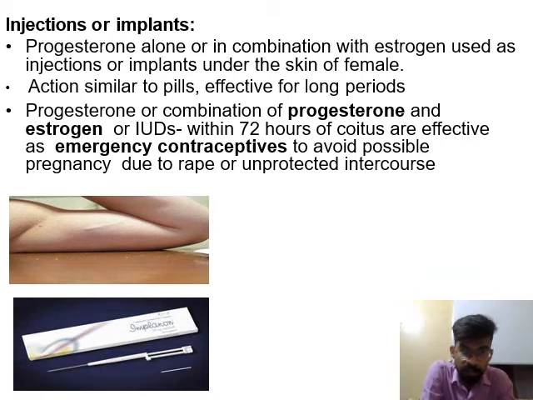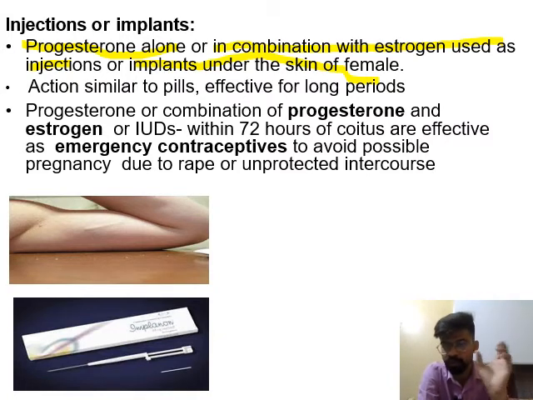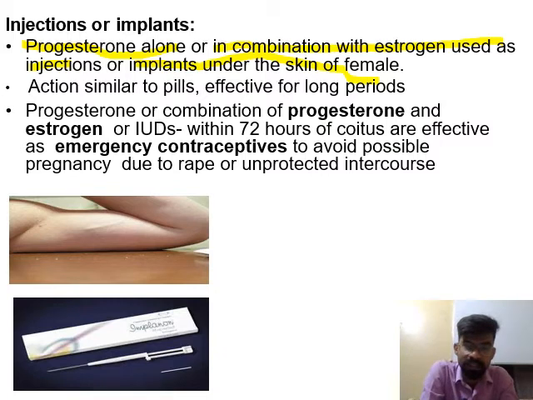So the first point is injection or implant. Progesterone alone or in combination with estrogen is used as injection or implants under the skin of the female. This means progesterone alone, or in combination with estrogen, both combined, can be used as an injection or as an implant, which is placed under the skin of the female.